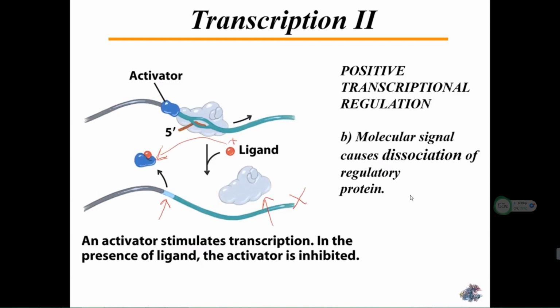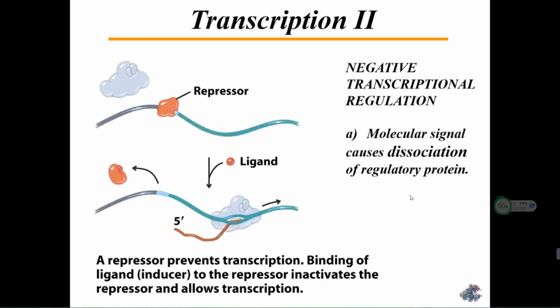Okay, so the activator is essentially needed in both conditions, depending on the function of the ligand. It can either be positive or negative. Positive to allow for transcription, negative to inhibit transcription. Okay, so that's positive gene regulation.